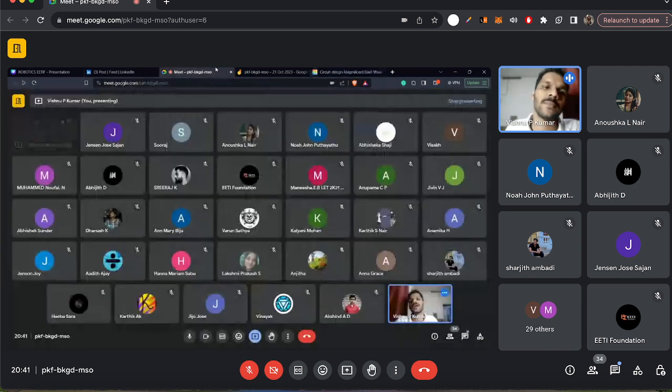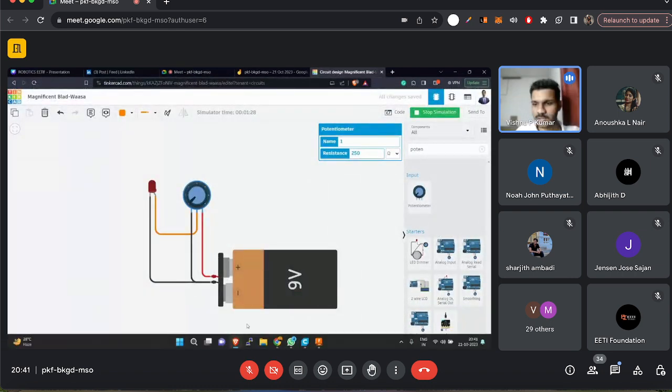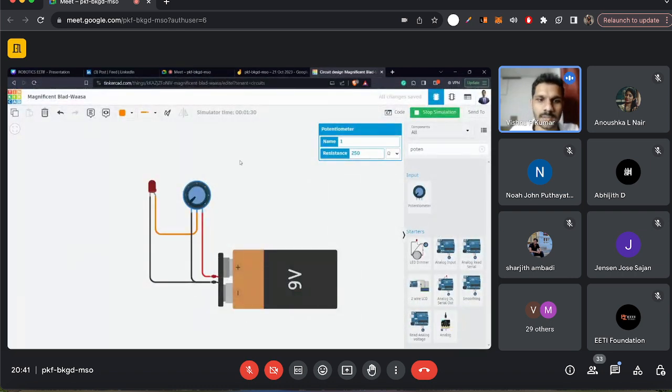Okay, so I'll show you one more thing. So when you are choosing a potentiometer for your project, just click on the potentiometer and you can change the value. Earlier we had 250 kilo ohm over here, so going to the extreme end is where we were getting the brightest position, right?